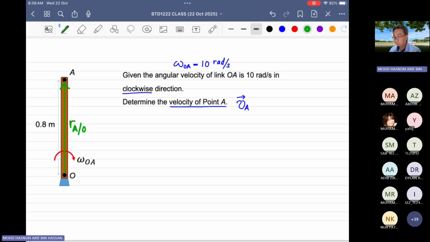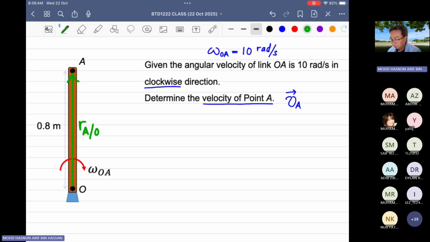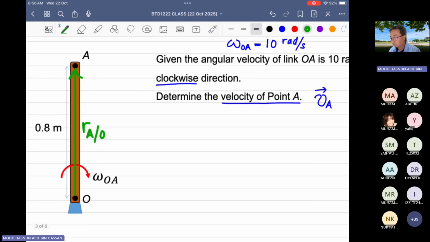Once we have the position vector, now we can draw the velocity vector, which is 90 degrees to the position vector. Since the rotation is clockwise, 90 degrees will be pointing to the right. So this will be the direction of VA.